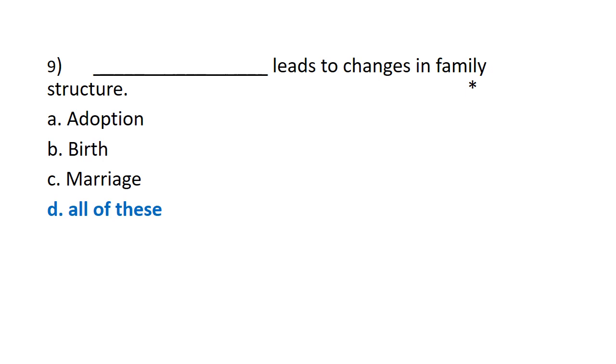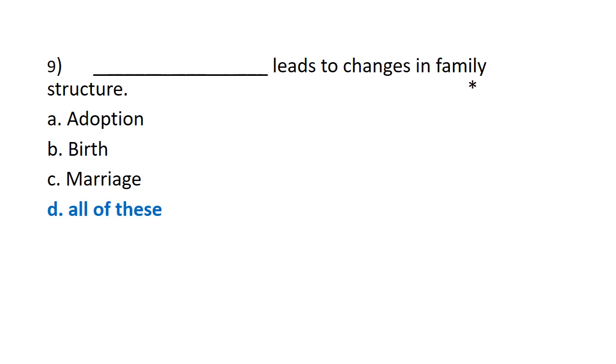So if parents go for adoption, it brings a change in the family structure, right? And birth. When a new baby takes birth in the family, it brings changes in the family relationships and functioning also. Each family member adjusts to the new situation and navigates changing responsibilities.